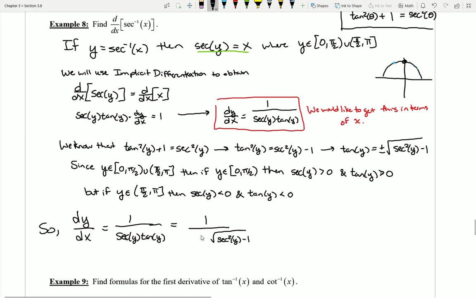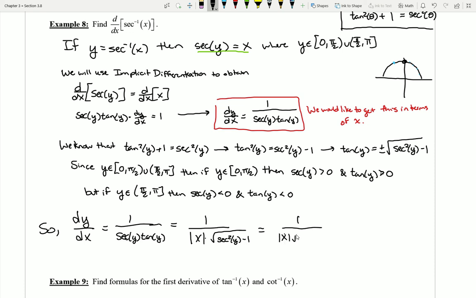The only issue right now is that x is not guaranteed to always be positive, because if I choose a value in the first quadrant, my x is positive, and if I choose a value over here, my x is going to be negative. So to ensure that the denominator always results in a positive amount, I'm going to absolute value that x. Now, I still don't have everything in terms of x, but since secant and x are the same thing, I can make one final replacement.